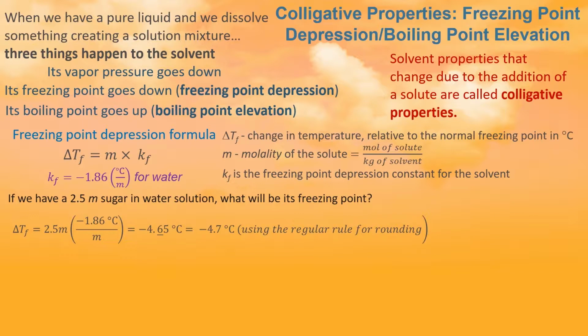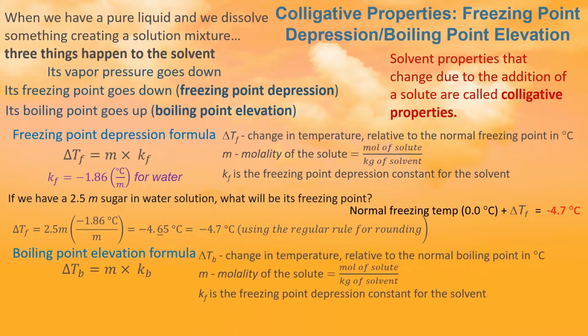Now, water normally freezes at 0 degrees C at 1 atmosphere, but this solution will now freeze at 0 degrees C plus the change we just calculated, delta Tf of minus 4.6 degrees C. So the freezing point of this solution will be minus 4.6 degrees C.